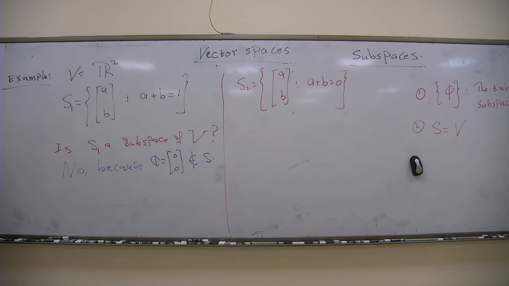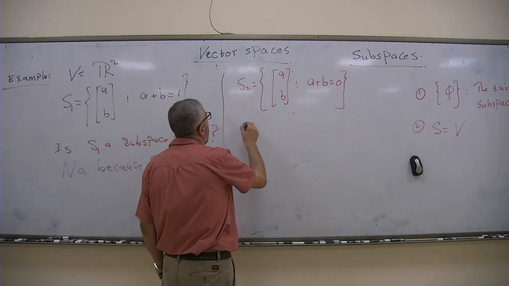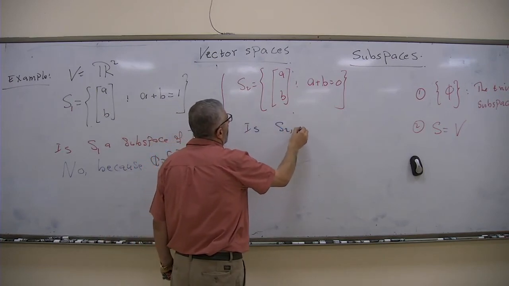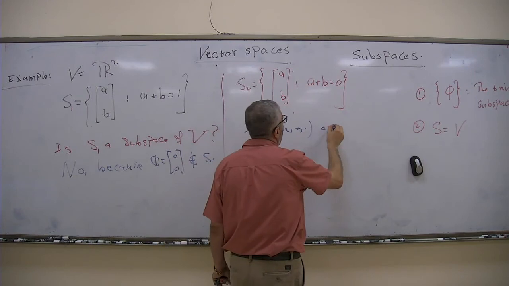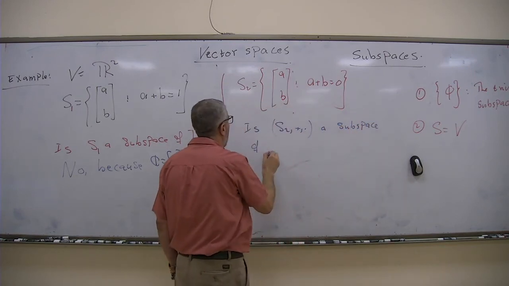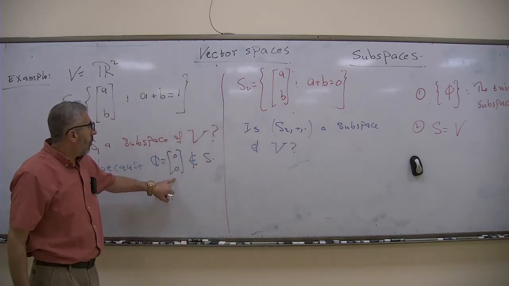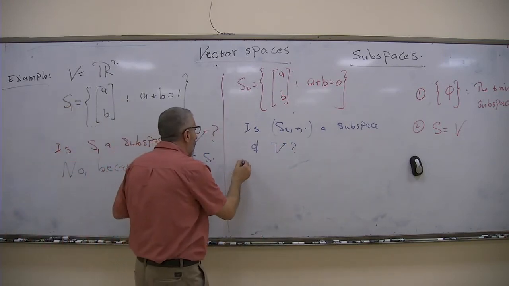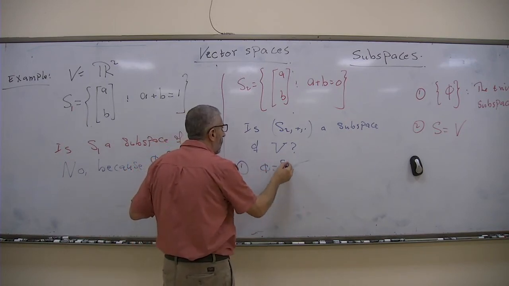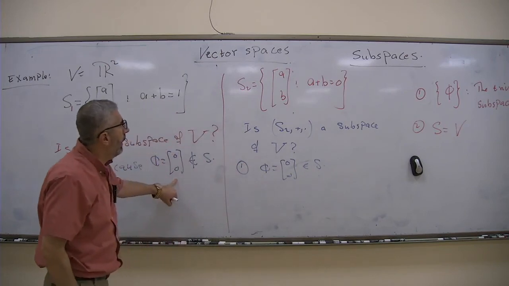Is S2 a subspace of V? Well, now the zero object is there. So number one, the zero object belongs to S. That is not a problem anymore, correct?